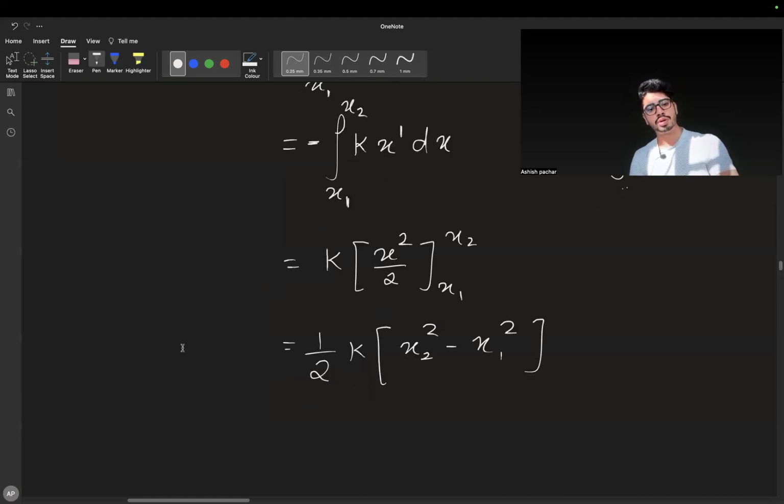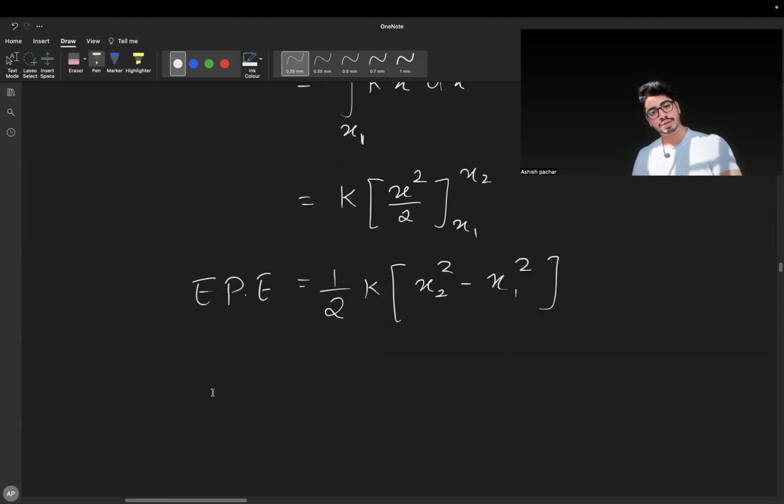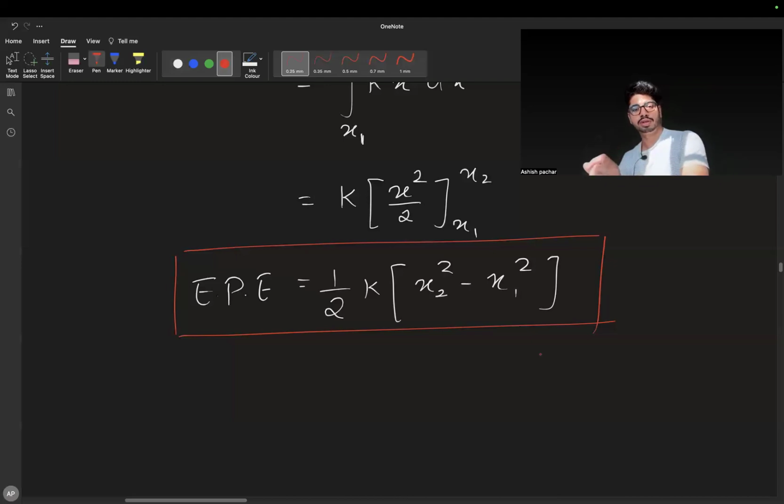This is the work done by a spring, or what gets stored as the elastic potential energy of the spring. This is the work done in displacement from x1 to x2, and this is how the elastic potential energy gets stored in the spring.